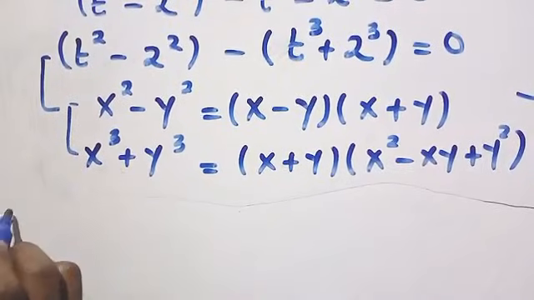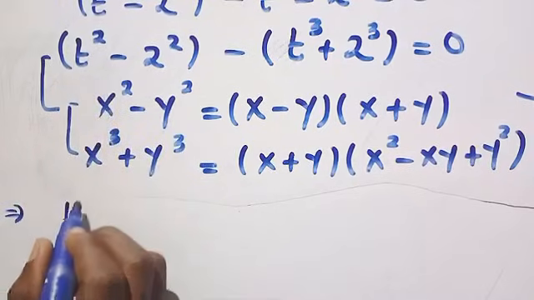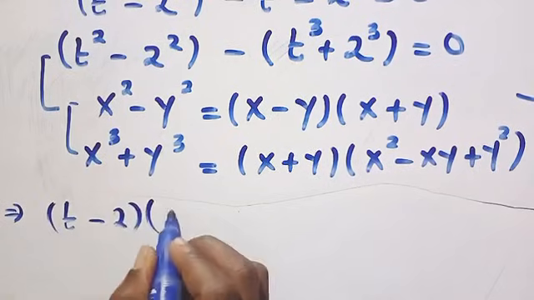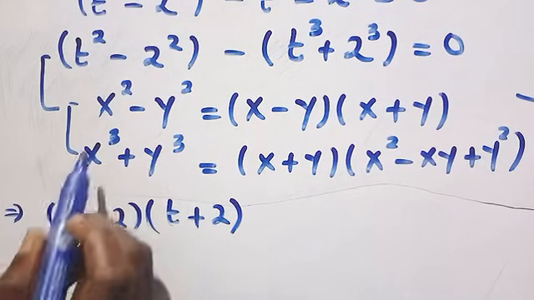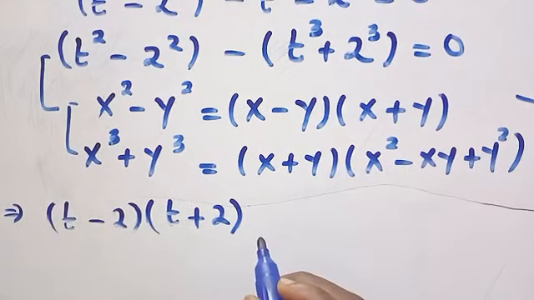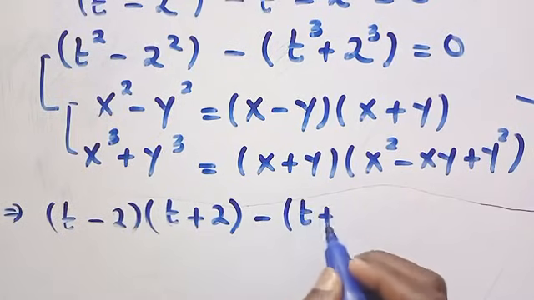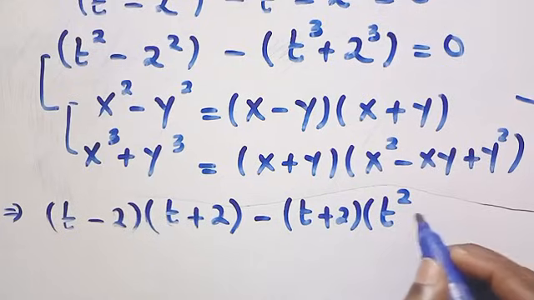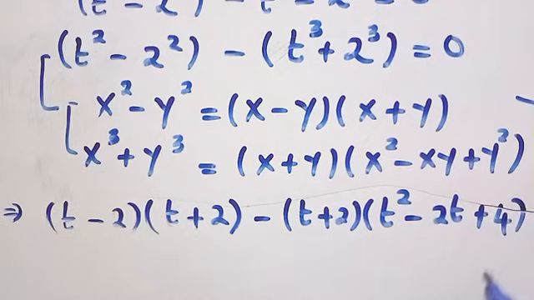So next, instead of x squared minus y squared, we change it to t minus 2 multiplying t plus 2 for the first one, and also the second one, we have minus open bracket t plus 2 multiplied by t squared minus 2t plus 4, and close bracket equals 0.